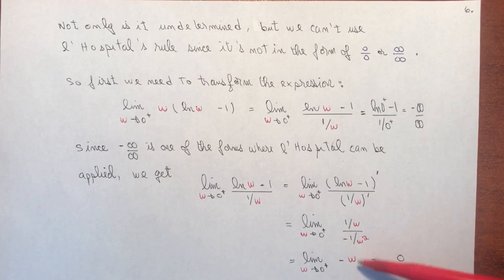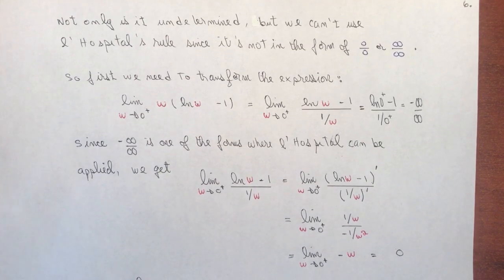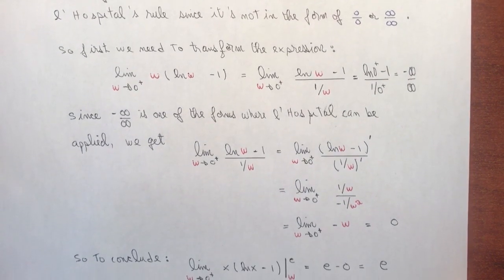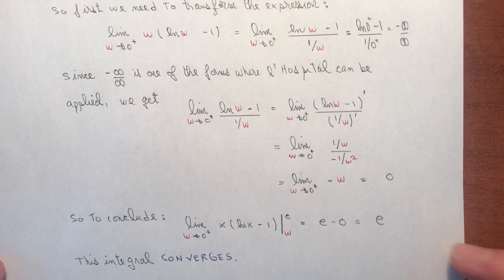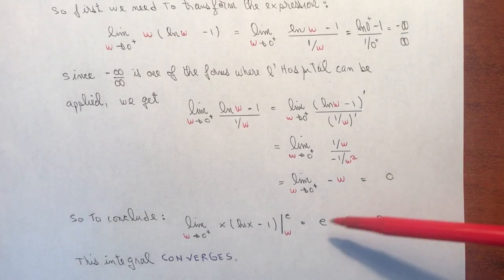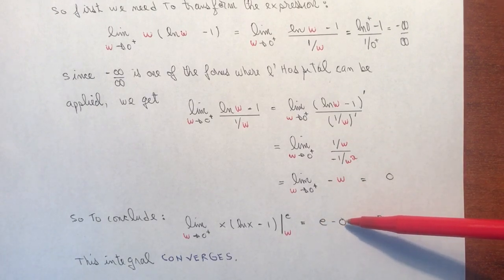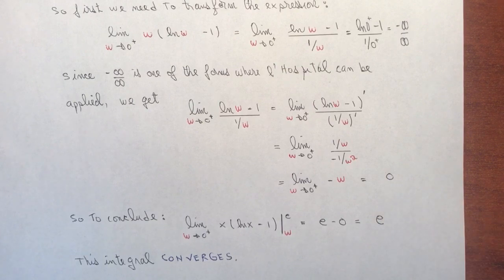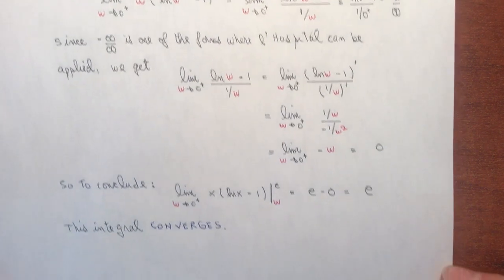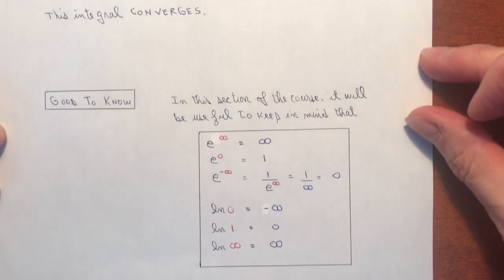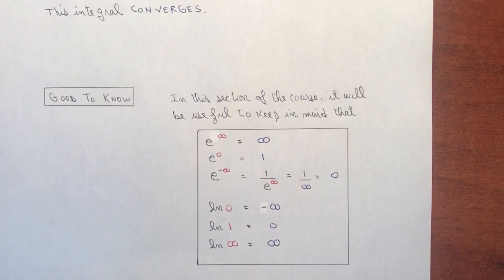I am simply going to get minus w, and upon replacing w with 0, I get that the second half of this limit is 0. So if we bring back what we had at the beginning, the first half was e. Now we know that the second half is 0, and e minus 0 is just e, so the integral converges.